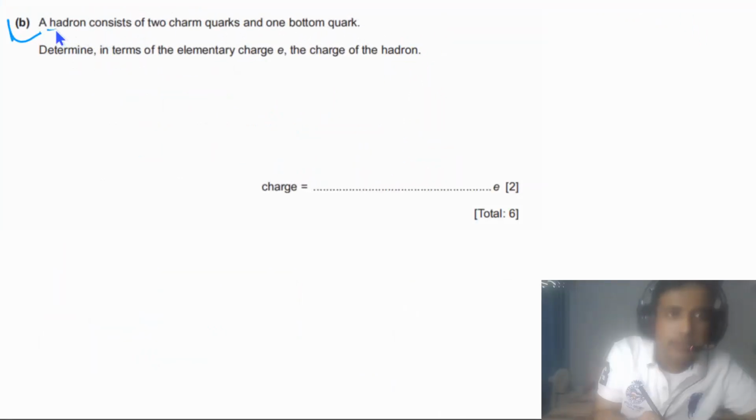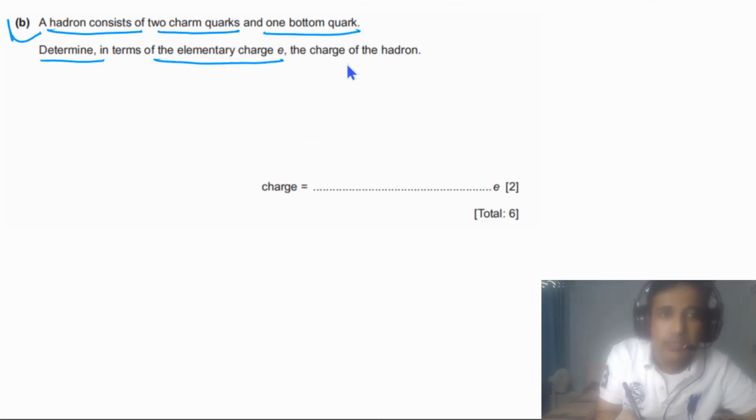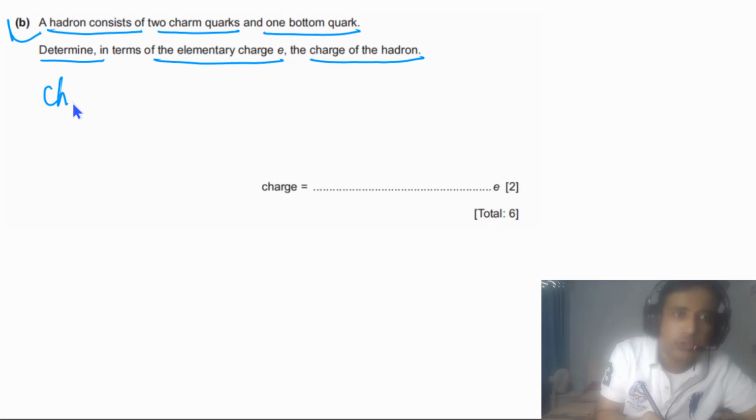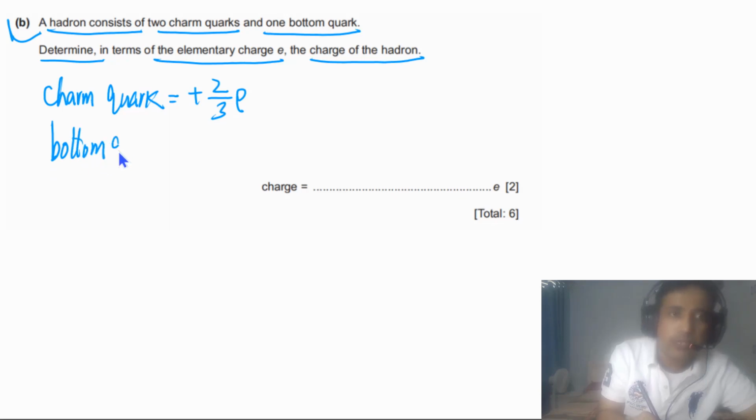Part B says a hadron consists of 2 charm quarks and 1 bottom quark. Determine in terms of the elementary charge small e the charge of the hadron. First of all, we need to understand the charge on the charm quark. Charge on charm quark is plus 2 by 3e, and charge on the bottom quark is minus 1 over 3e.